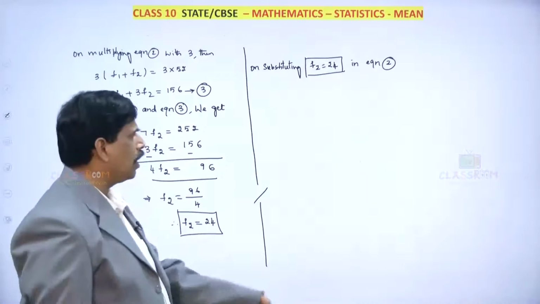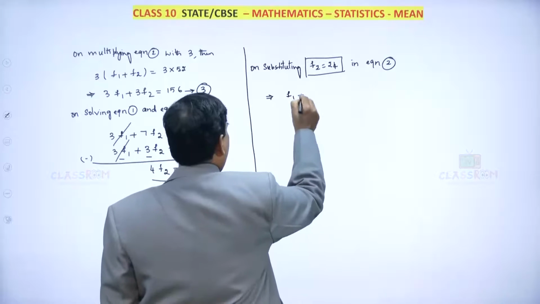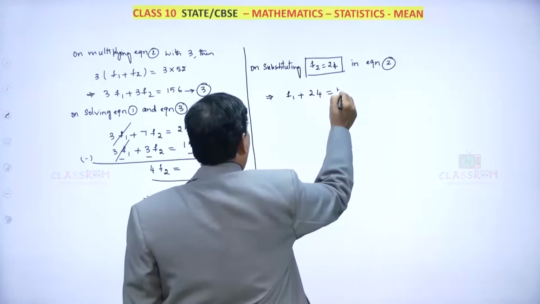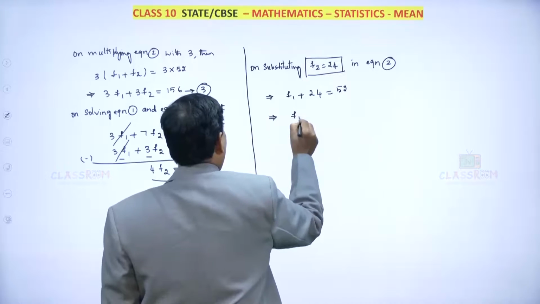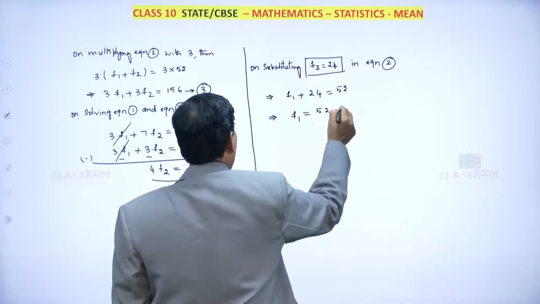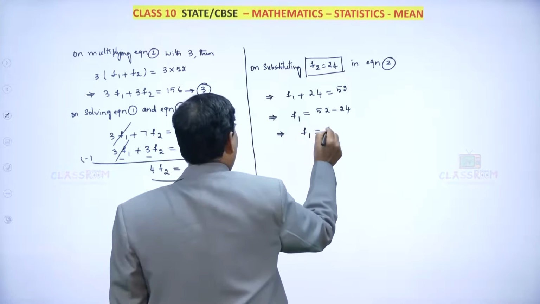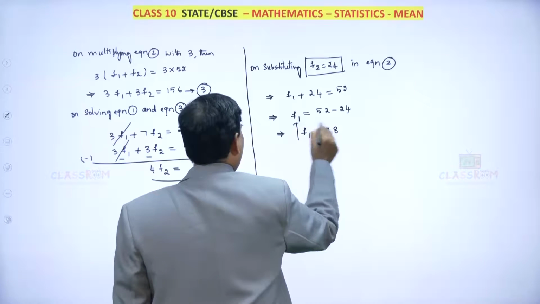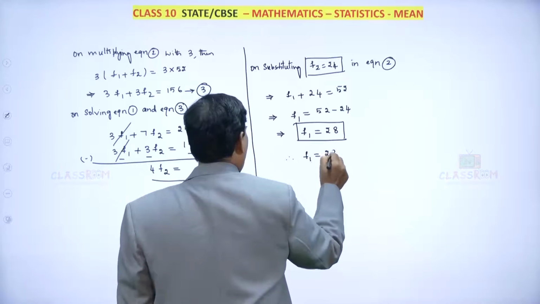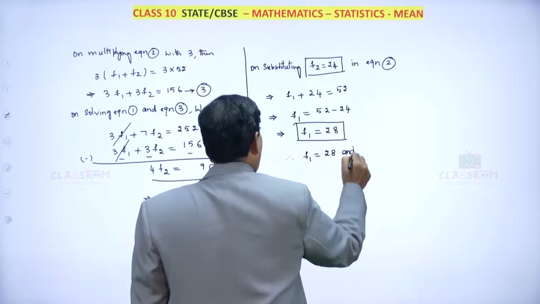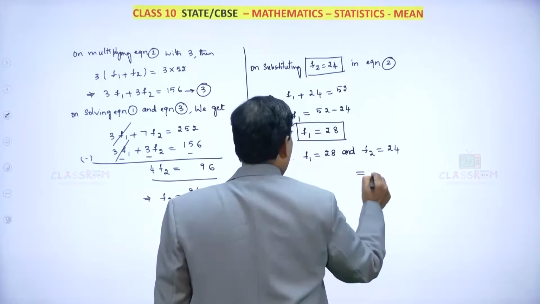So substitute your f2 as 24. So f1 plus 24 is equal to 52. Now transpose this 24 other side. Then f1 is equal to 52 minus 24. So we will be getting f1 is equal to 28. So therefore the missing frequencies f1 is equal to 28 and f2 we got it as 24.